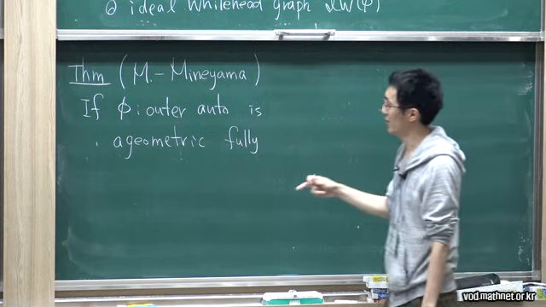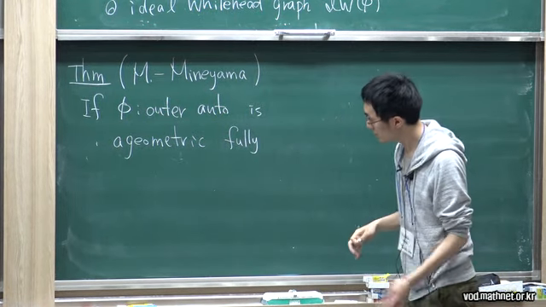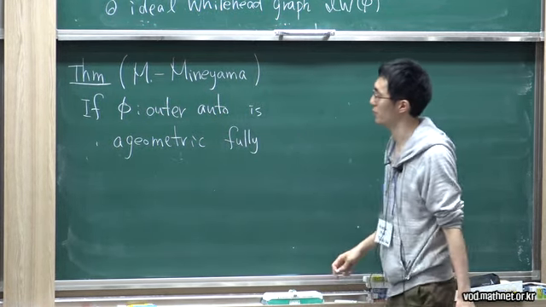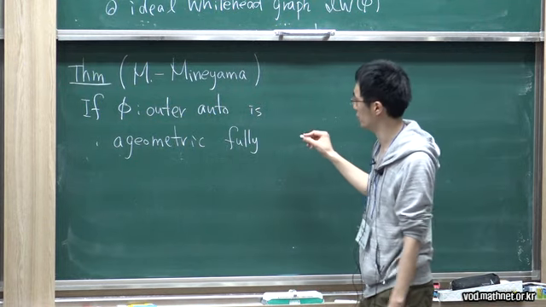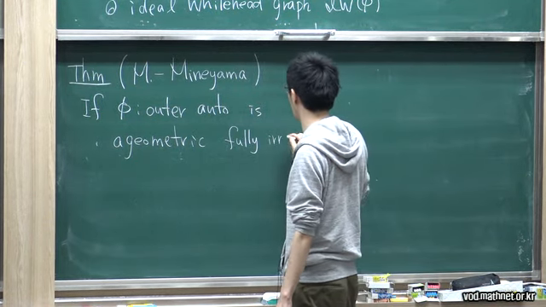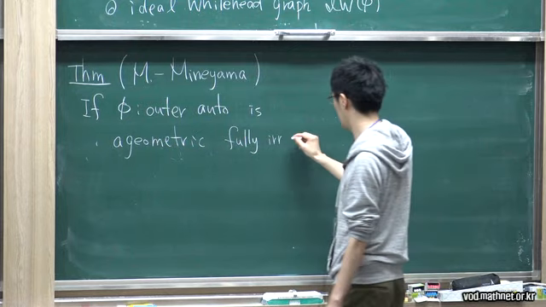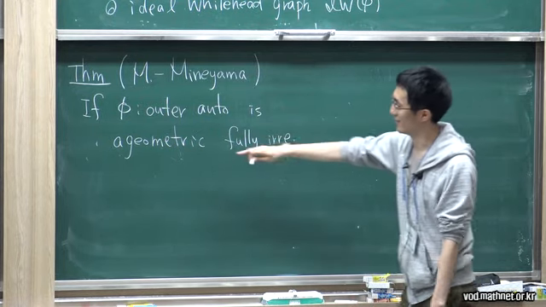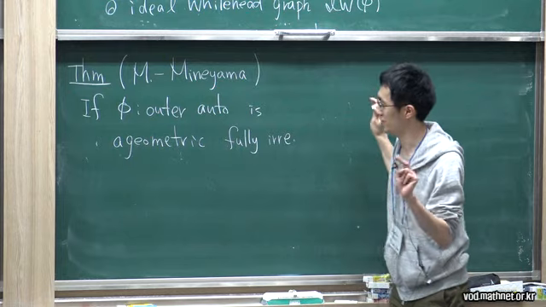I didn't say anything, but ageometric and fully irreducible is also preserved under taking covering. Sorry, this is somehow like a magic word for this analysis.